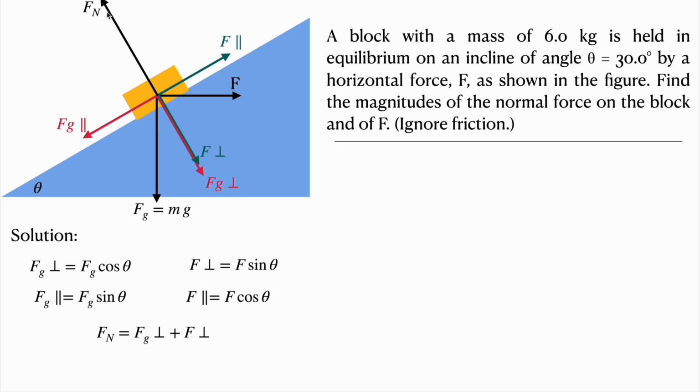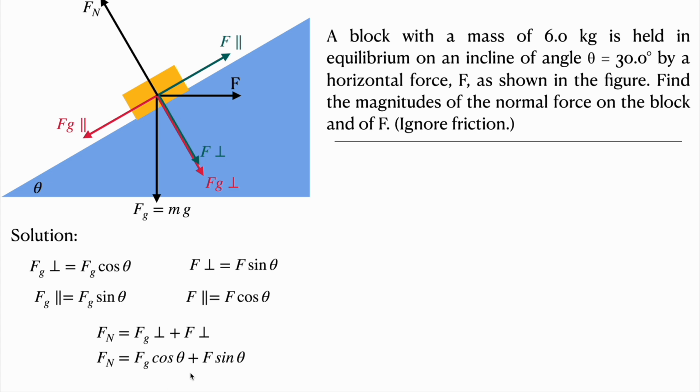F normal acts exactly perpendicular to the surface, in the direction opposite to these, and whatever their values are, it will be equal to F normal. So to find F normal, we just add these two forces, Fg perpendicular and F perpendicular, and now you know how to find them. So we get Fn equals Fg multiplied by cosine theta plus F multiplied by sine theta.